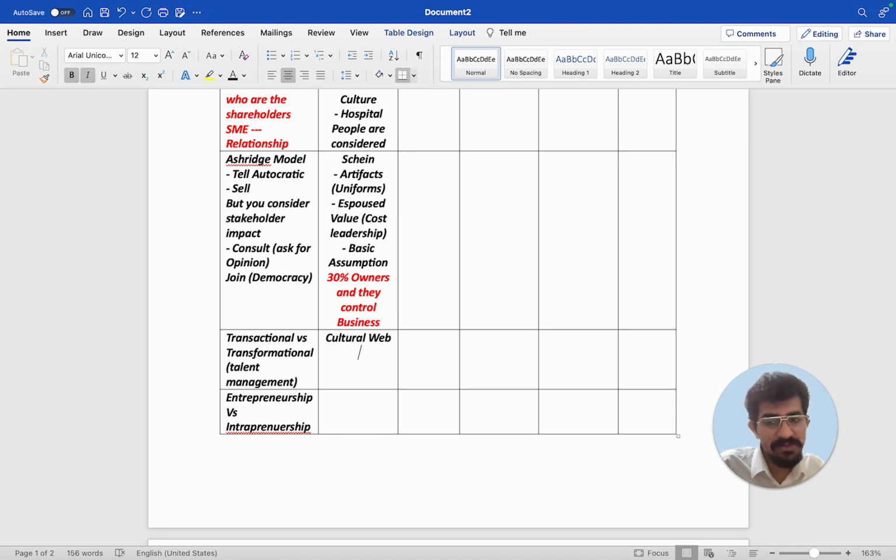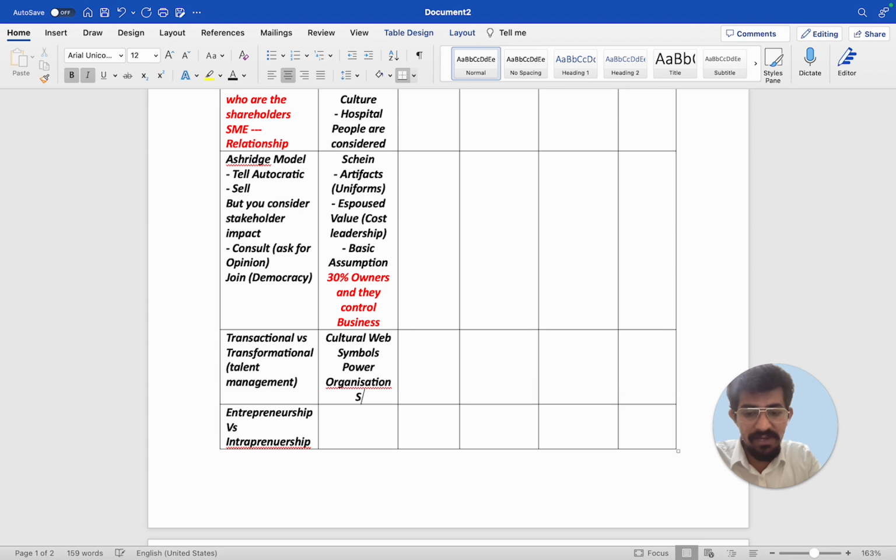So students, if you observe the cultural web, one element is the symbols. Then we have the power structure. Currently the directors are the only ones having the power. Organizational structure, they have given you the picture, no, students. Currently it's a flat, wide organization. The CEO is at the top and then it's wide.